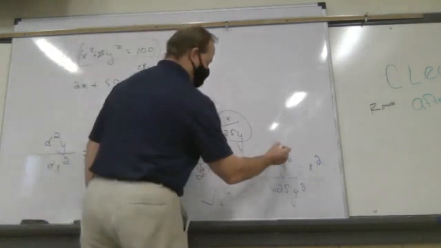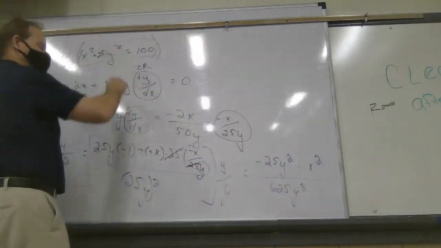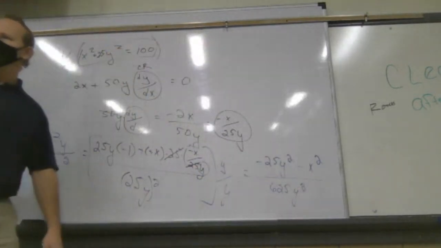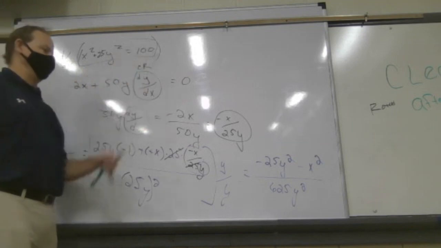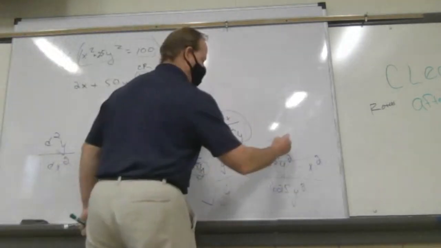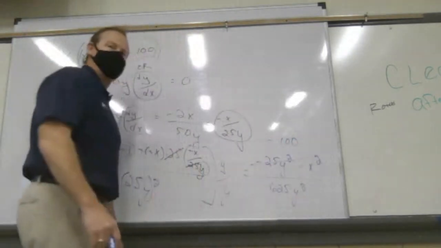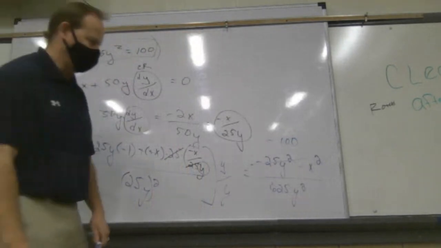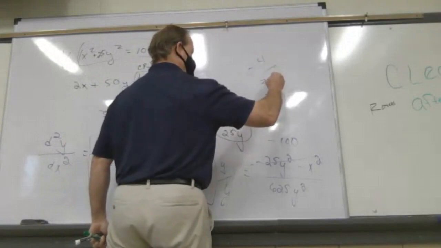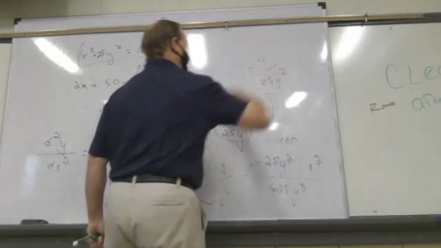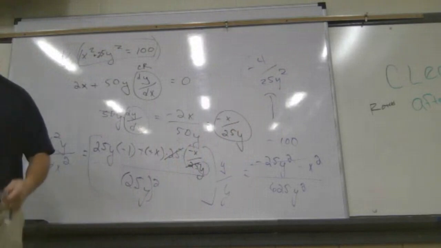But then what can I do to make it look like the top one? Factor out a -1. If this equals 100, then this is going to equal minus 100, and then you can divide top and bottom by 25, and what do we get? Minus 4 over 25y squared. Does that help?